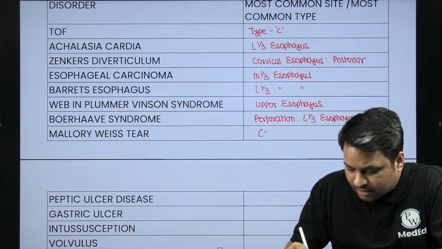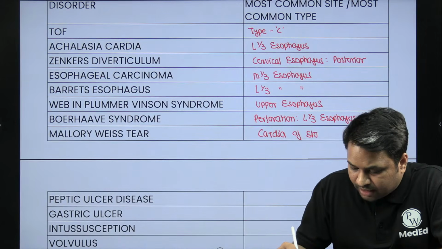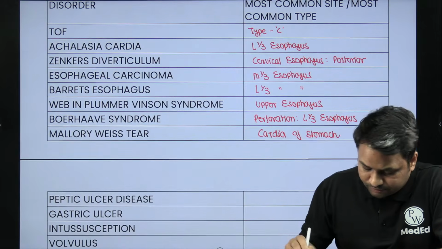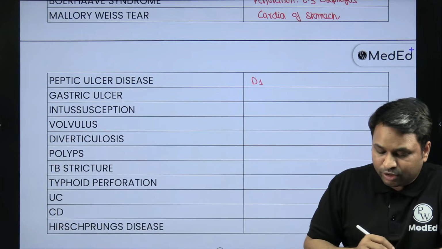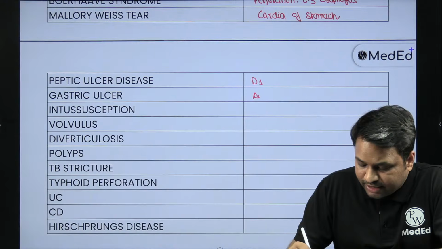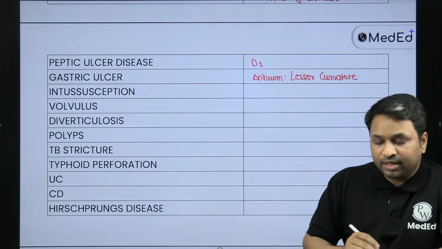Mallory-Weiss tear occurs in the cardia of stomach. Peptic ulcer disease, the most common site is the first part of the duodenum. For gastric ulcers, it is the antrum of the stomach and that too on the lesser curvature.